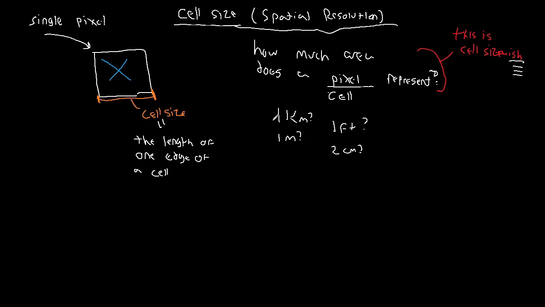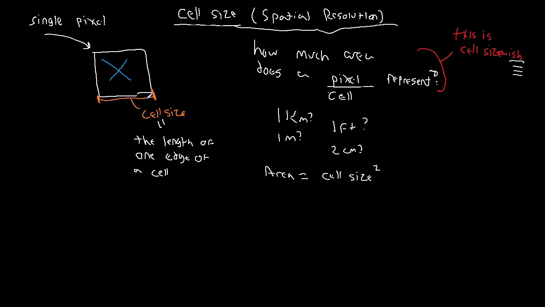So if we wanted to know how much area this pixel represents, think about the area of a square. The area would be cell size squared. Okay, so hopefully that makes sense. This is a pretty straightforward definition.